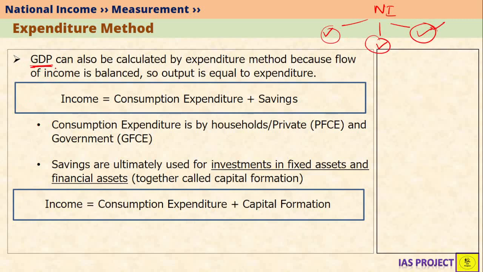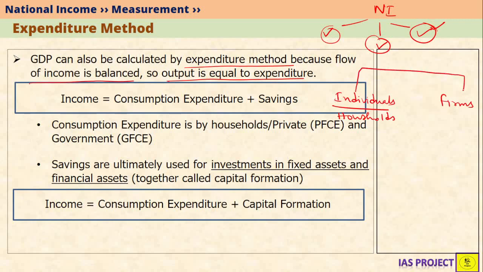We can measure GDP in expenditure method by calculating expenditure or flow of incomes, because flow of income is balanced, so output is nothing but expenditure. In the early lectures, we have seen a relationship between individuals or households and firms. What was the relation?